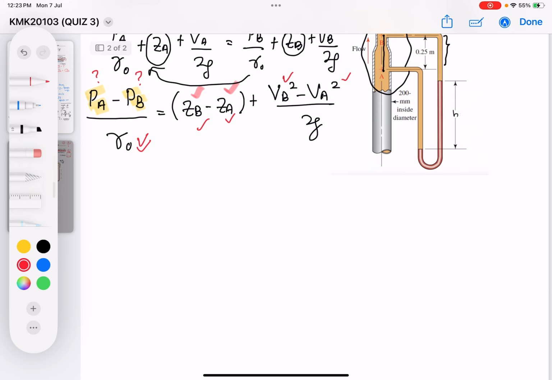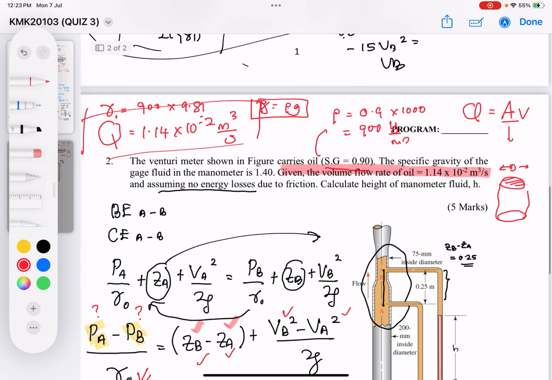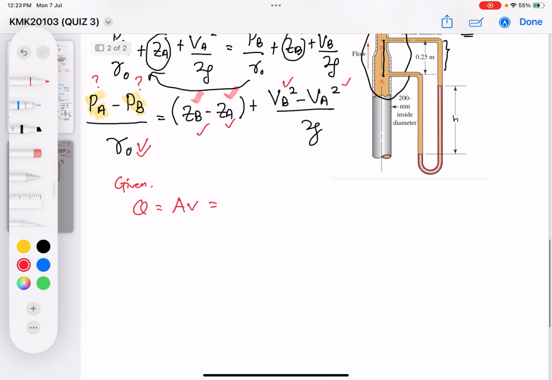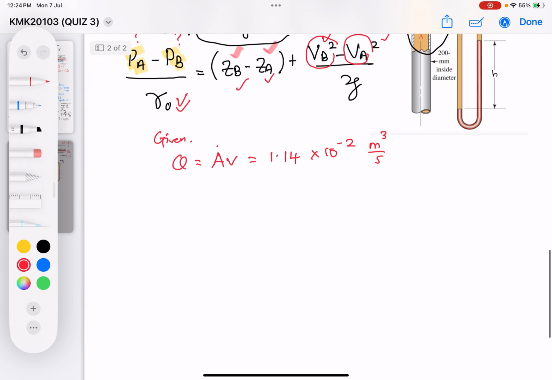Therefore, I can say that, given Q equals A multiplied by V equals 1.14 times 10 to the power of negative 2 meter cube per second, I can always calculate my VB and my VA. Why? Because Q equals A multiplied by V. As long as I know the area, the velocity can always be calculated.